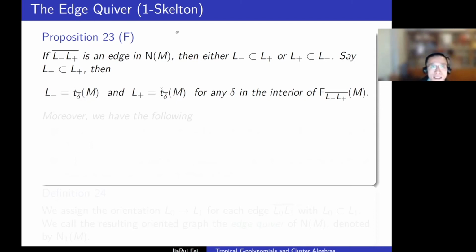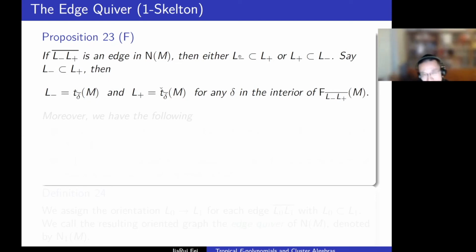Then let's look at the one skeleton of the Newton polytope. Recall that for each vertex, there is a unique sub or quotient representation corresponding to that vertex. Now I pick an edge. For the two endpoints of this edge, we have a unique representation.